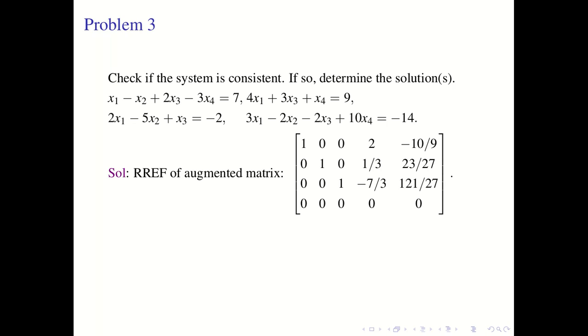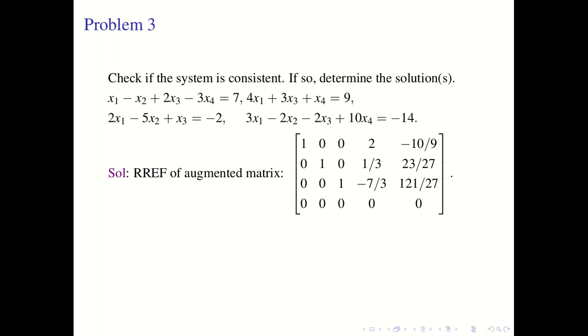The row reduced echelon form of the augmented matrix is with rows 1 0 0 2 minus 10 by 9, 0 1 0 1 by 3 23 by 27, 0 0 1 minus 7 by 3 121 by 7, and the last row all entries 0.